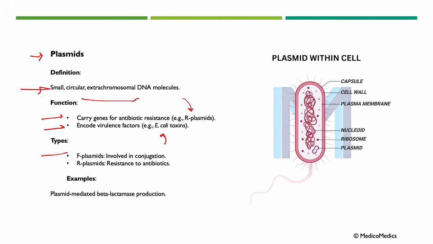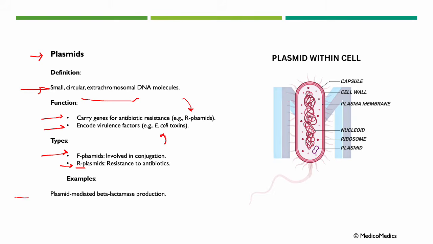And then we have different types. We have F plasmids, which stands for fertility plasmids, and these enable bacterial conjugation, allowing direct transfer of genetic material between bacteria via something called a sex pilus. We also have R plasmids. These are resistance plasmids, and these carry genes that provide resistance to antibiotics, making infections more difficult to treat.